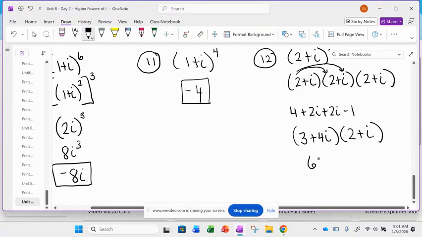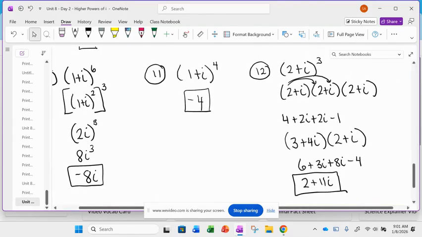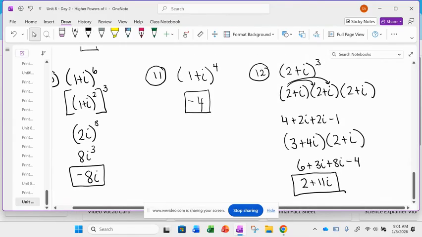We're going to get 6 plus 3i plus 8i minus 4, because i squared is negative 1. So this gives us 2 plus 11i. So there's not always a shortcut, but if it's a 1 plus i, we can try to manipulate it.